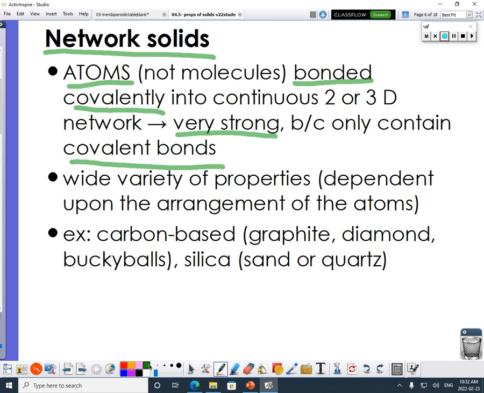And within the network solids, they do have a wide variety of properties, but it is atoms and they are covalently bonded.